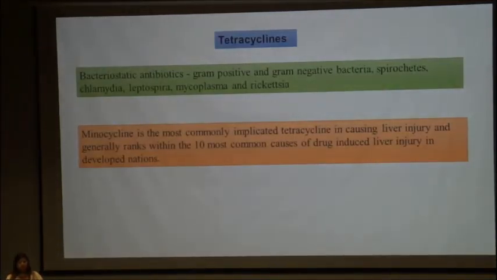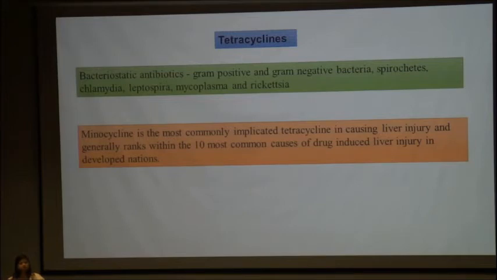Tetracyclines, again bacteriostatic agents, both gram-negative, gram-positives, also work on spirochetes, chlamydia, leptospira, mycoplasma, rickettsia. So atypical pathogen coverage is higher with tetracyclines, and amongst the tetracyclines, minocycline is most commonly implicated in causing liver injury. Most of the times what happens is we have only minocycline sensitivity as a bounding factor, like in case of Acinetobacter baumannii infections, or recently the Chryseobacterium infection.